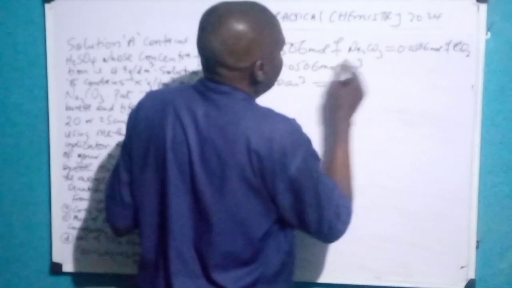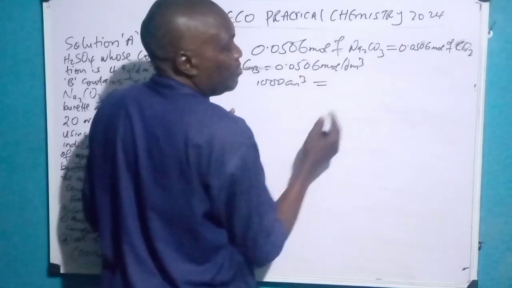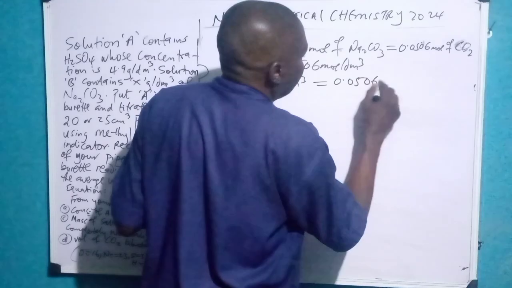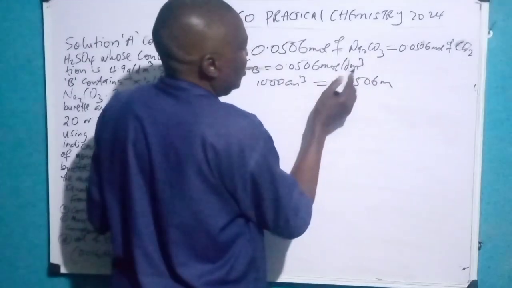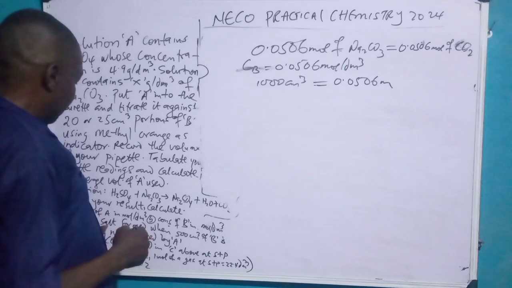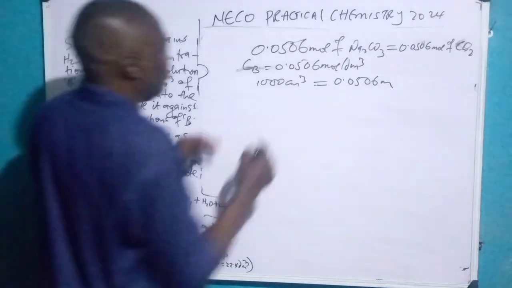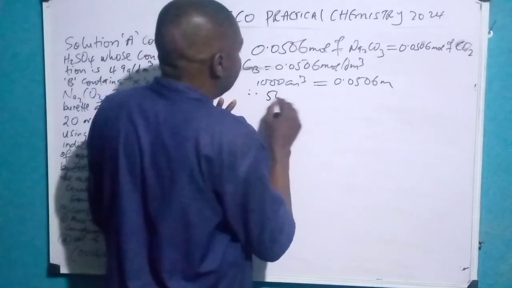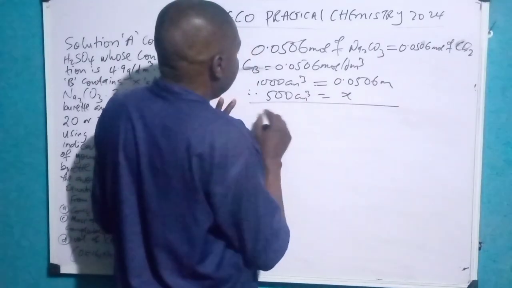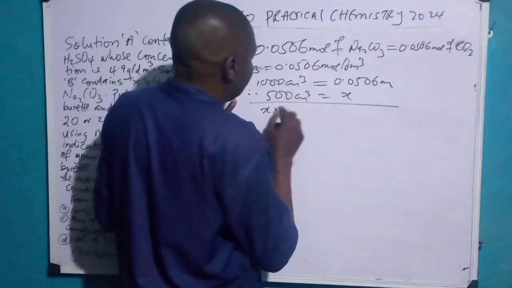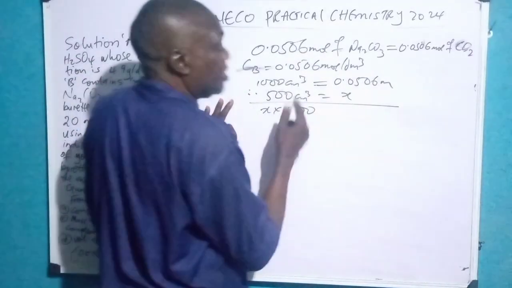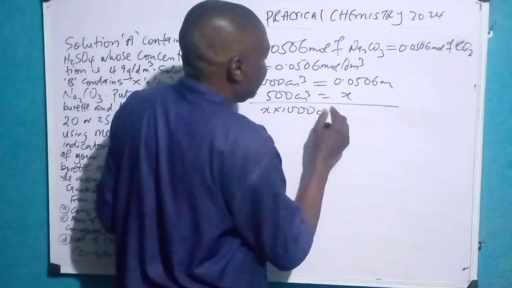We are converting this one to 500, because the question says 500 cm cube of B. Therefore 500 cm cube will give you x, cross multiply x times 1000. Don't skip any of these steps, you must follow all of them in case you encounter this question or similar question.